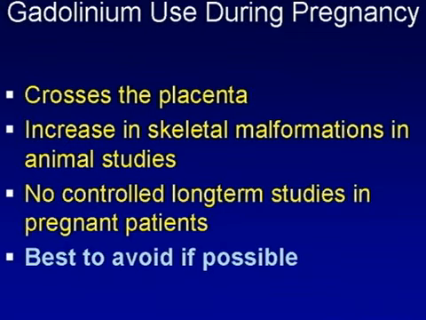In terms of gadolinium use during pregnancy, Gado does cross the placenta, and in animal studies it has been associated with congenital malformations such as skeletal malformations, but there are no controlled long-term studies in pregnant patients, and we feel in our practice that it's best to just avoid the use of gadolinium during pregnancy.